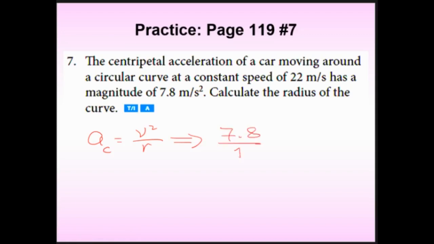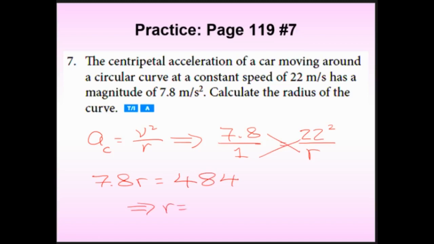7.8 over 1 equals 22 squared. Please remember the square over R. Another crisscross. So 7.8 R equals 22 squared. What's 22 squared? That's 484. So R equals 484 over 7.8. How much?